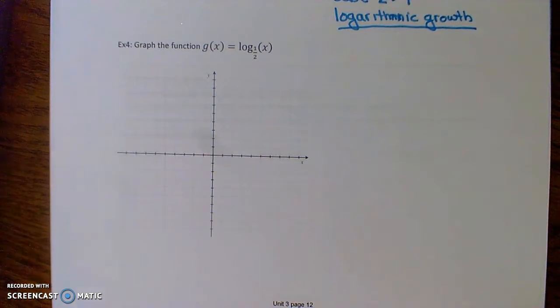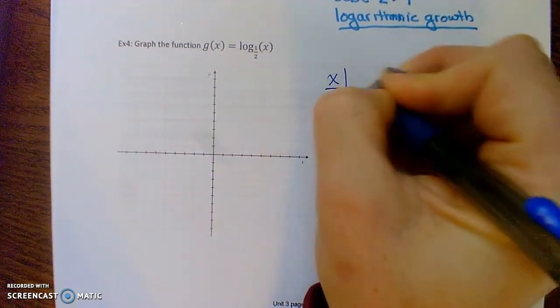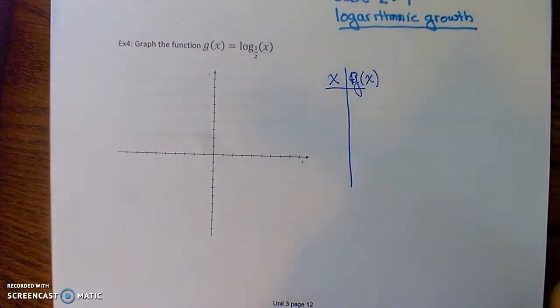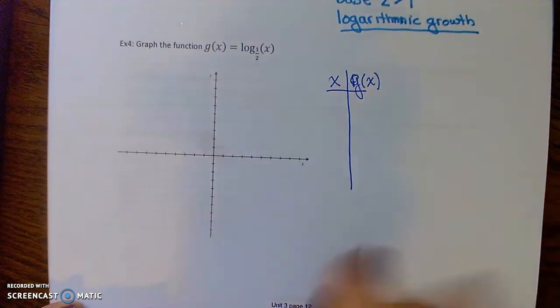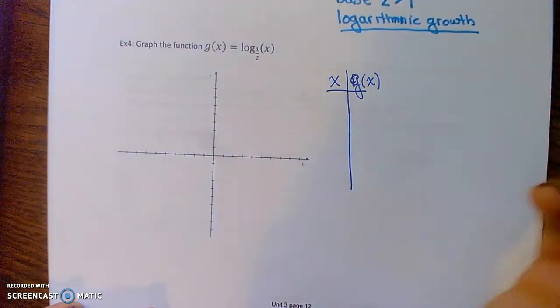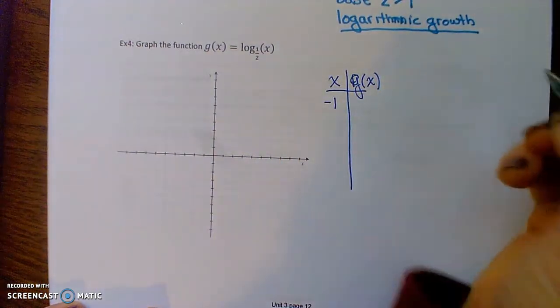So again, what I want to do is plot some points. I should expect to see, oh, this is g of x. I should expect to see a vertical asymptote somewhere. And notice that there's certain values that you cannot plug in for x. Like if I tried to plug in -1, what would happen?